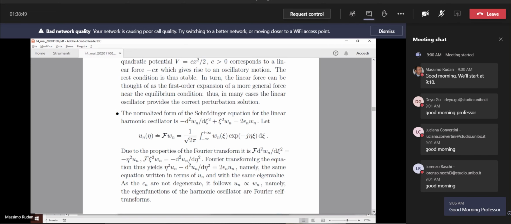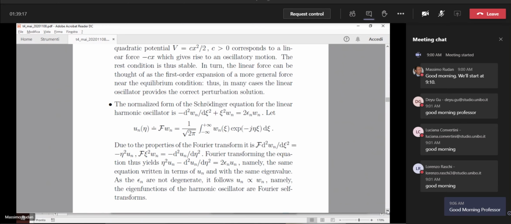But you remember that the eigenvalues of the linear harmonic oscillator are not degenerate. So to each value of energy, there corresponds one and only one eigenfunction. That means that un must be equal to wn because it is the only eigenfunction corresponding to that eigenvalue, apart from a multiplicative constant as usual because the problem is homogeneous.